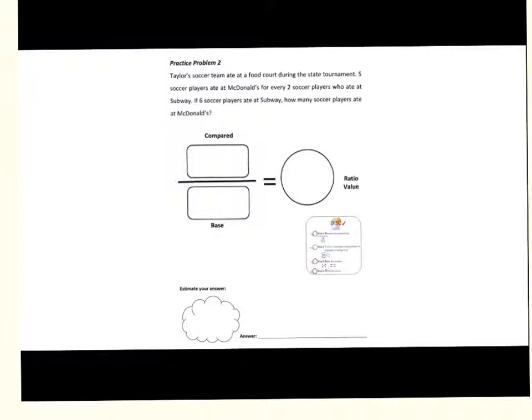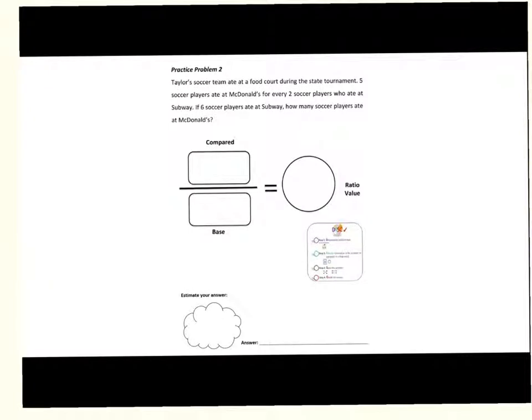Alright, so this is actually a part to part. We're comparing 2 parts, no wholes in here. So I have 5 soccer players for every 2 soccer players at Subway. Here's my McDonald's, here's my Subway. So my ratio value is 2.5.